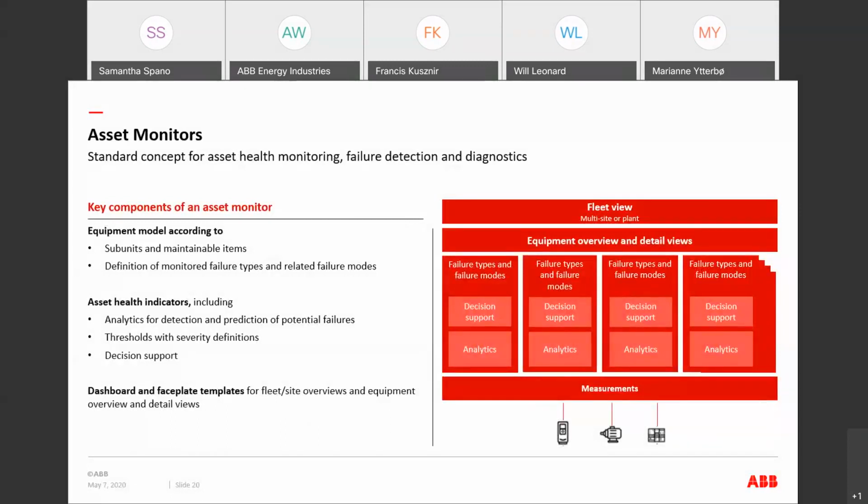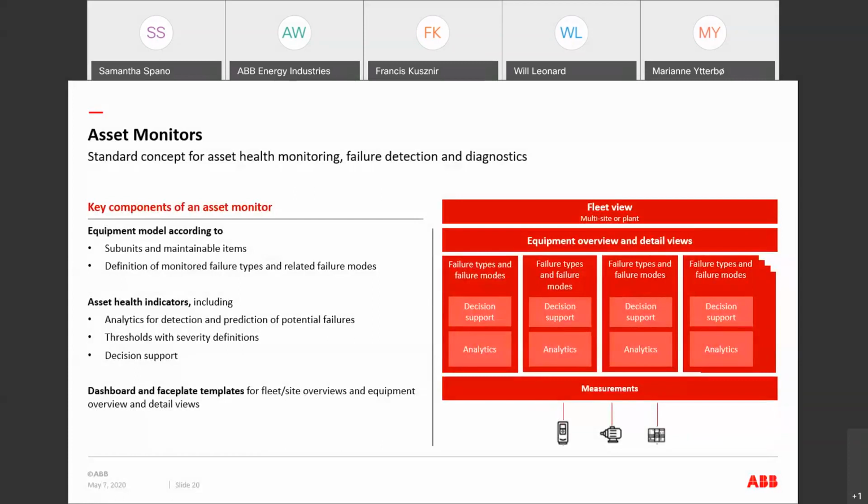These asset monitors are software pieces that are built to fit a piece of equipment with subunits and maintainable items. They also include a definition of the failure types monitored.